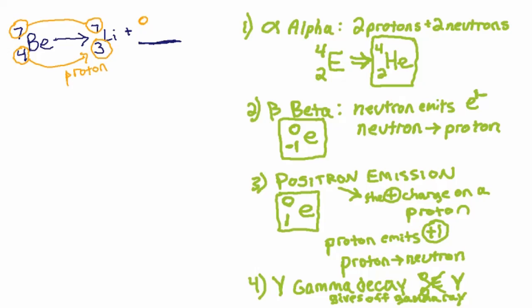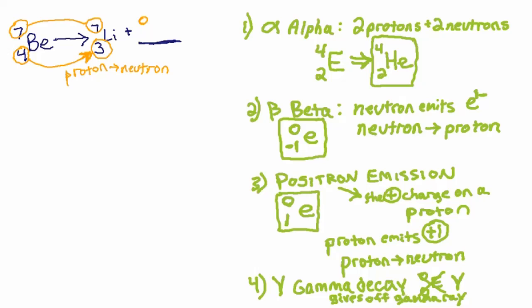So somewhere around here, a proton flew off, or a proton changed its shape. Really what happens is that the proton doesn't go anywhere. The proton's positive charge goes somewhere, which turns the proton into a neutron. So the proton gets turned into a neutron.